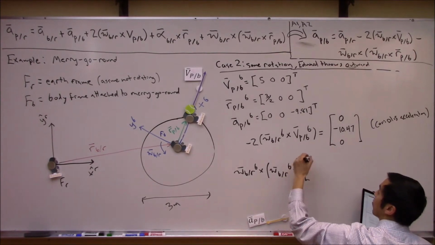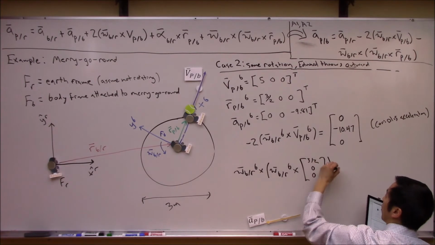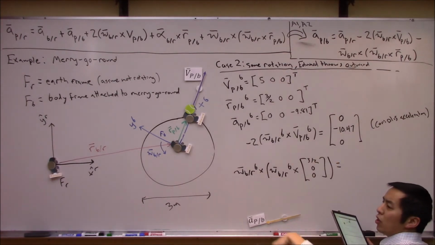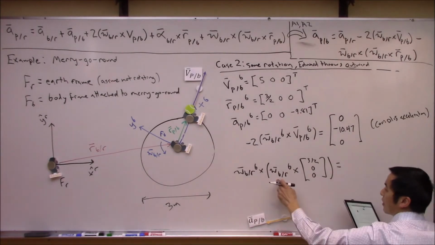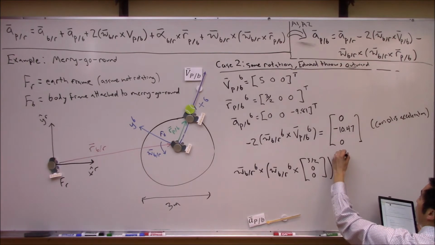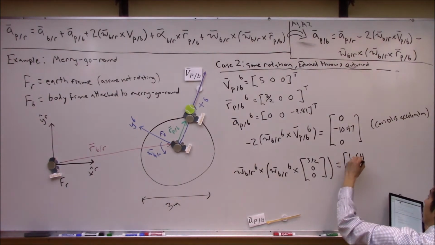So you got to take this as just 3/2, 0, 0. And again, for this, you plug in whatever it was. We said one revolution every 6 seconds or something like that. You crunch all of these numbers here. What do we end up with? We end up with 1.6400.